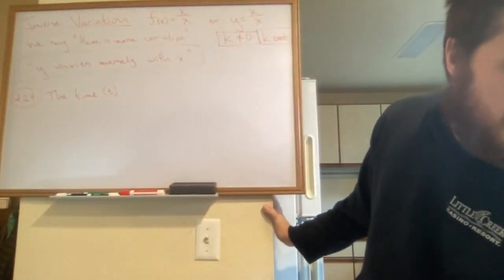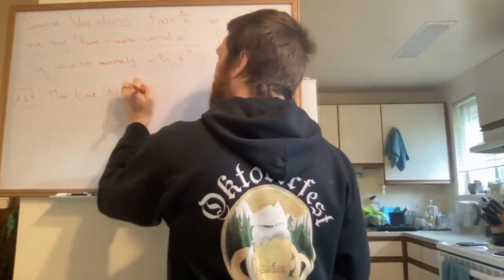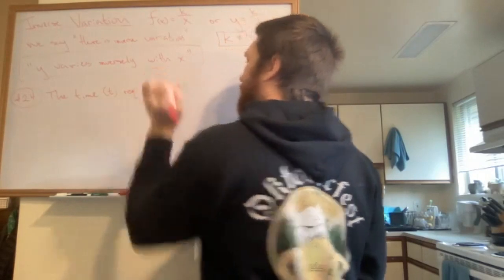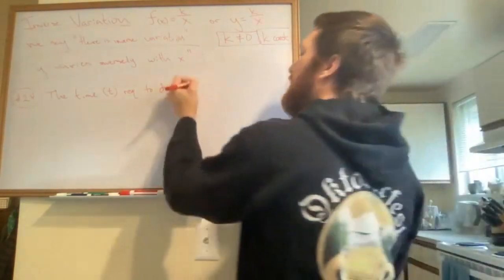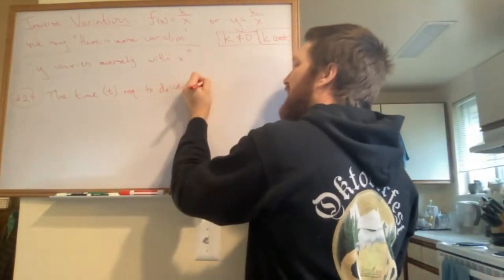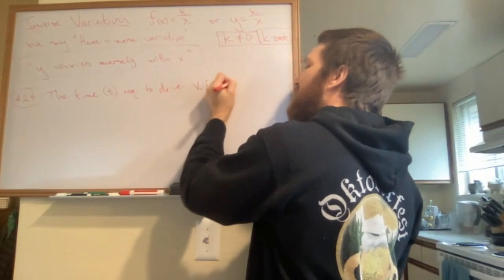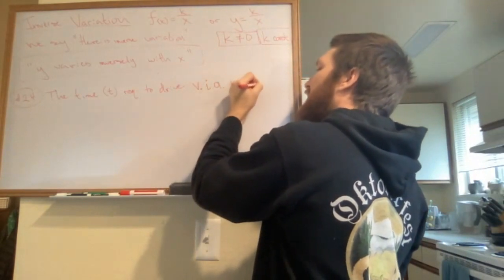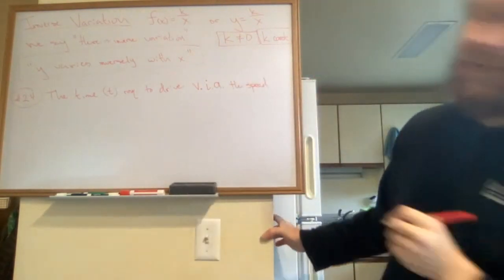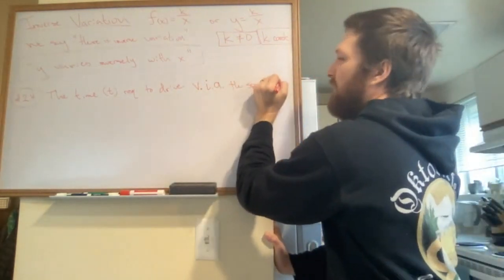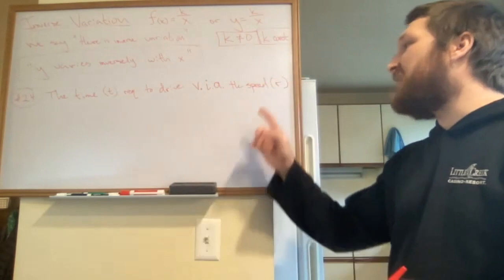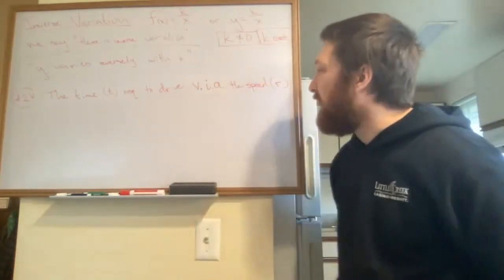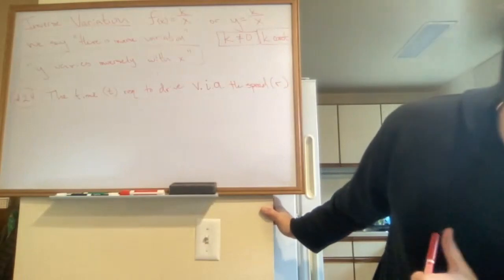So the time t required to drive a fixed distance varies inversely as the speed. Here for speed, it's not an S like you think it would be, because S and T are right next to each other. No, they're saying R because it's a rate, but whatever. Okay. Varies inversely as the speed.